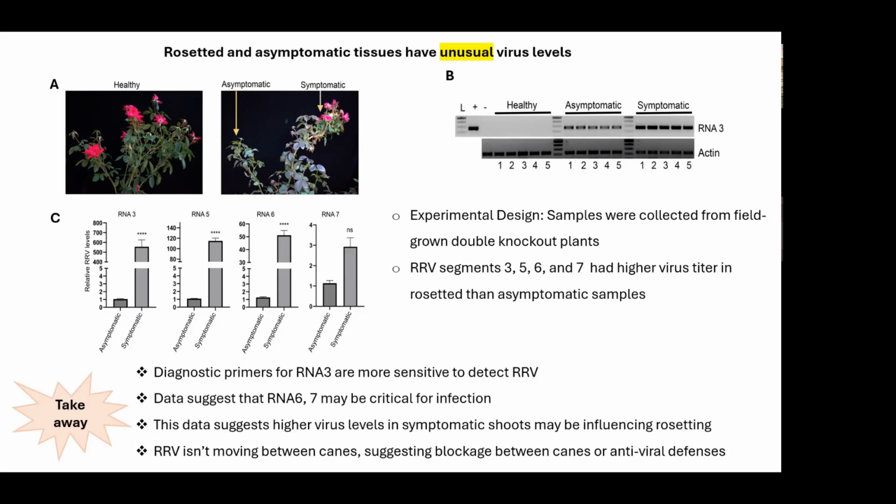We can hypothesize that there might be a blockage preventing the virus from moving from symptomatic to asymptomatic tissue. But even though the asymptomatic branch looks healthy, it is infected as well.